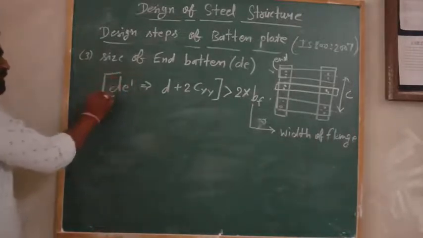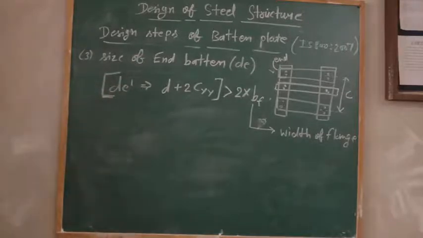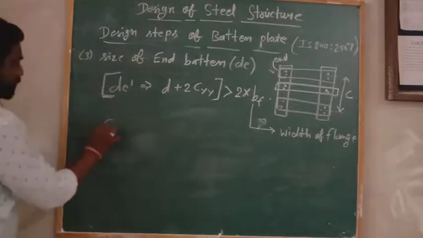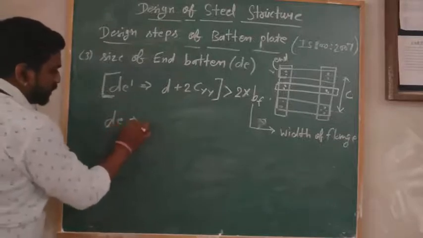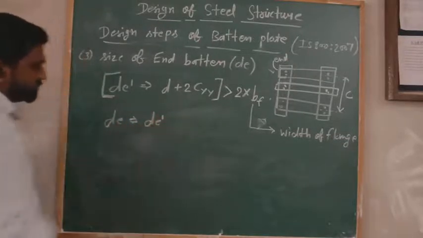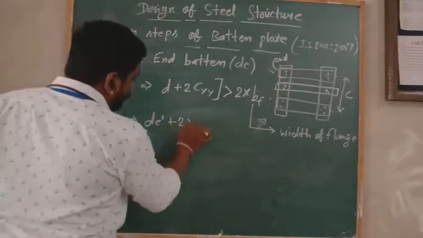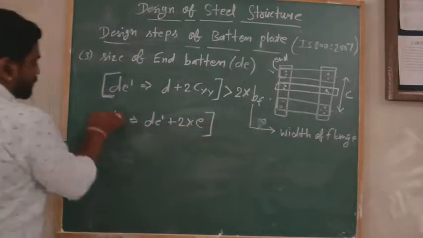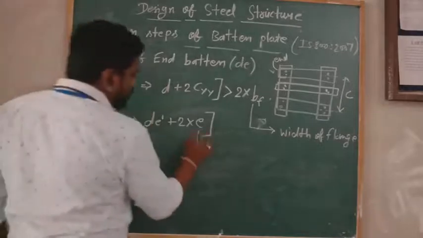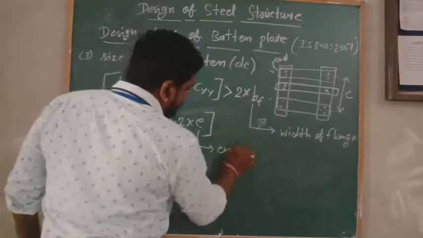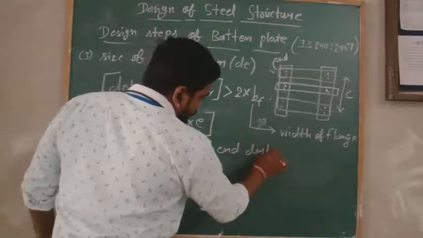Now we can find the size of end batten, DE is equal to DE dash plus 2 into E, and E stands for end distance. How can we find end distance?